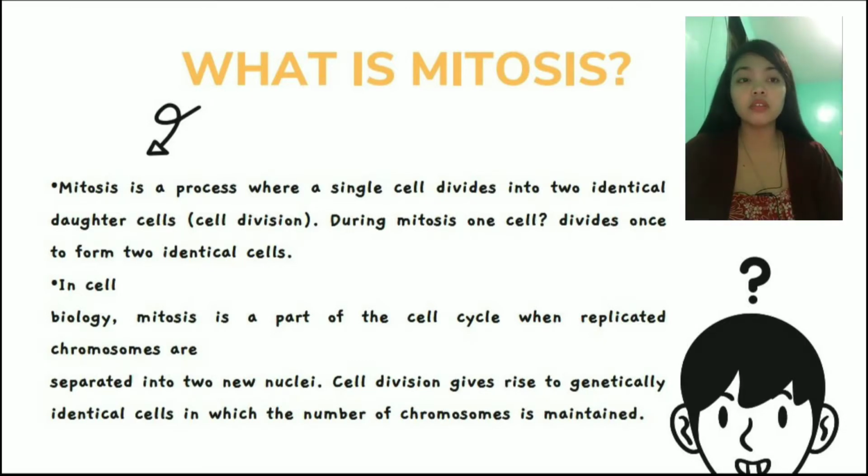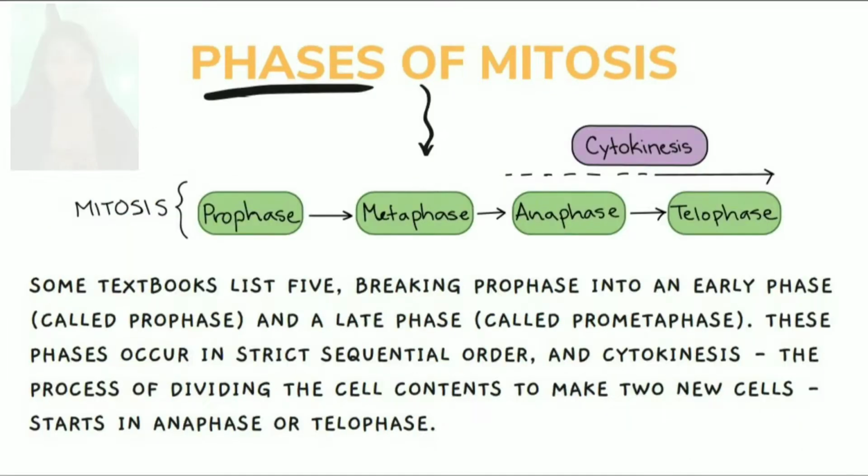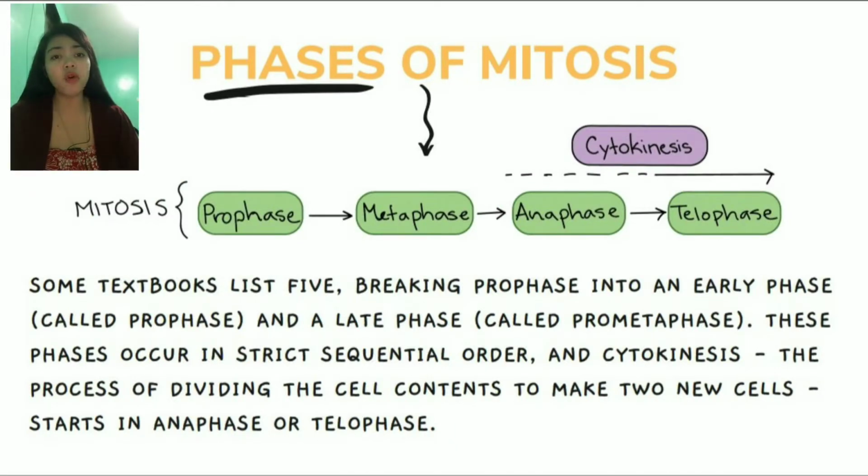Mitosis is used to describe the duplication and distribution of chromosomes, the structures that carry genetic information. Mitosis consists of 4 basic phases: prophase, metaphase, anaphase, and telophase. In some textbooks, they have 5, breaking prophase into an early phase, called prophase, and a late phase called prometaphase.